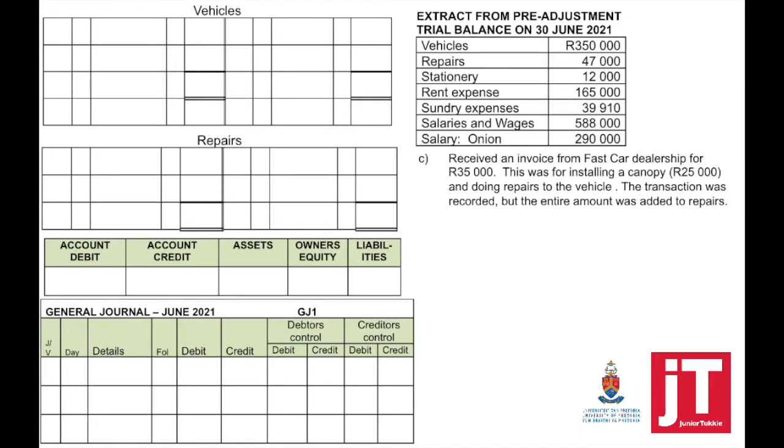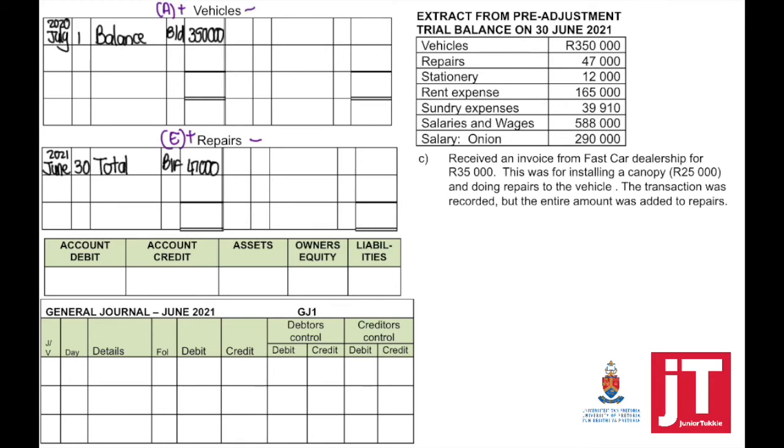Adjustment number C. Received an invoice from Fast Car dealership for 35,000. This was for installing a canopy, 25,000, and doing repairs to the vehicle. The transaction was recorded, but the entire amount was added to repairs.